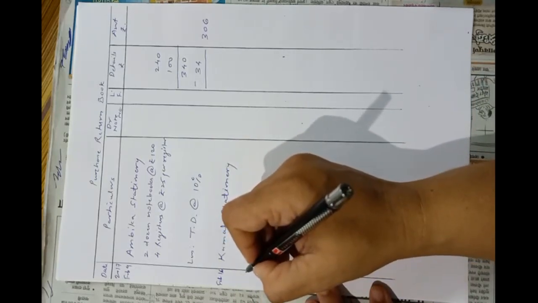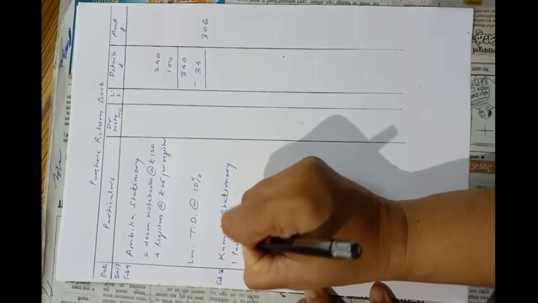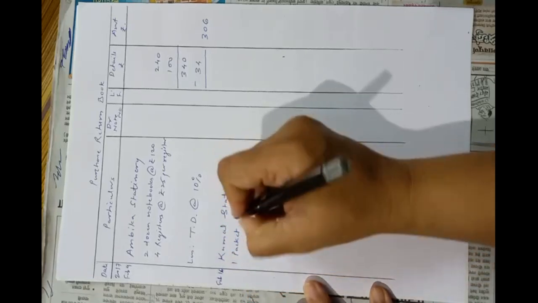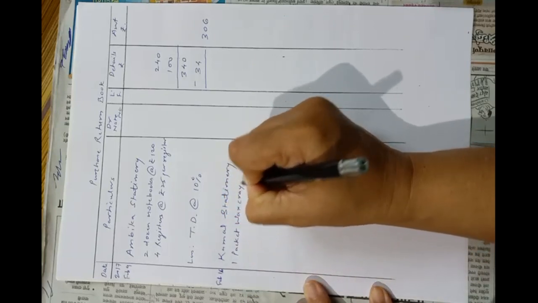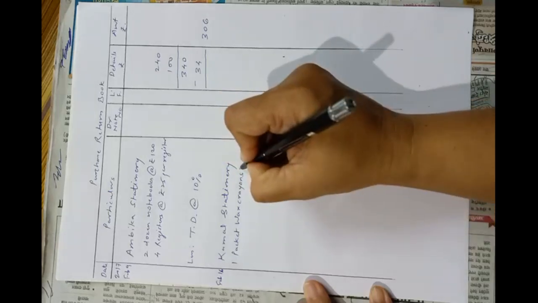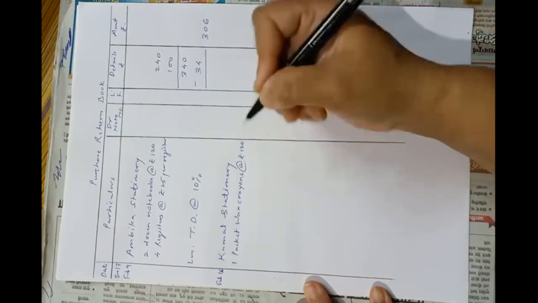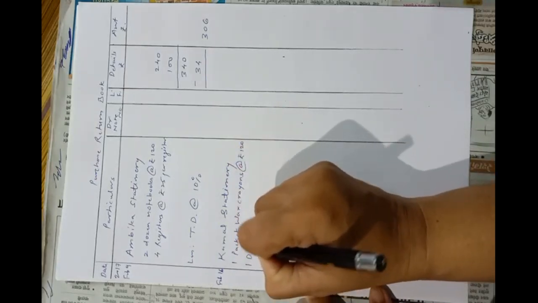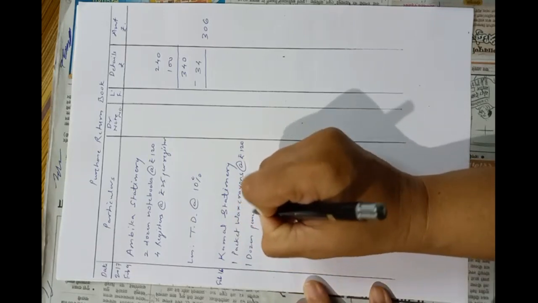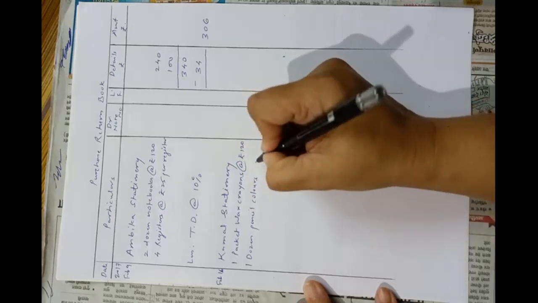See the entries. 1 packet wax crayons at ₹120 per packet, and 1 dozen pencil colors at rupees 80 per dozen.